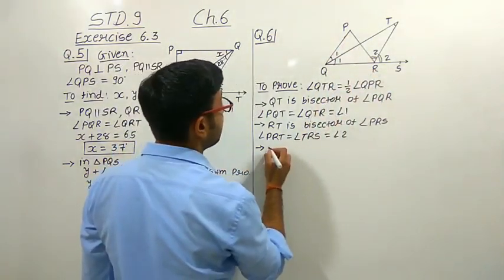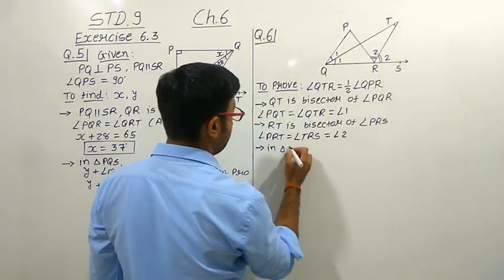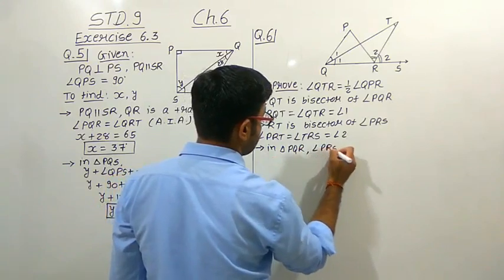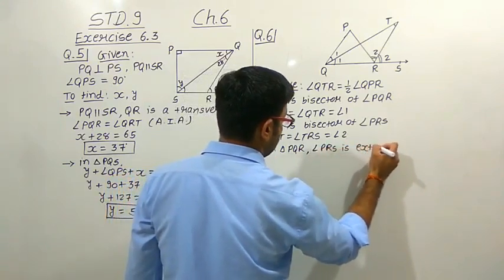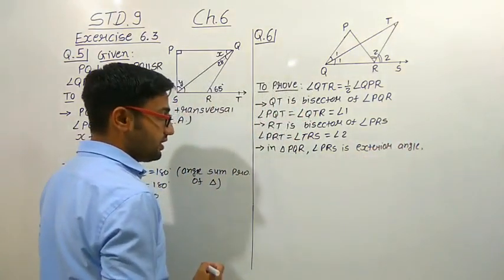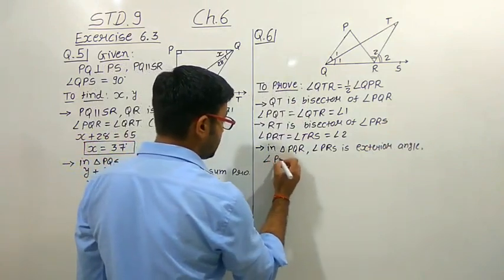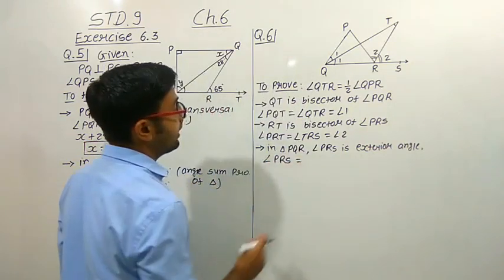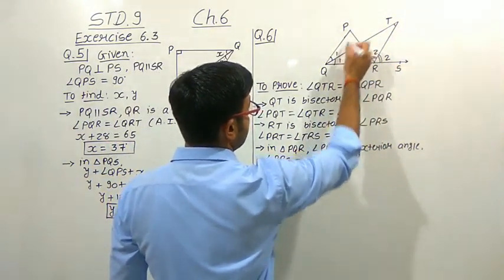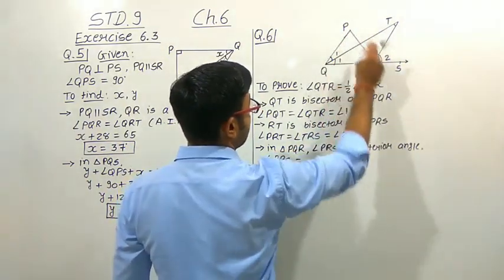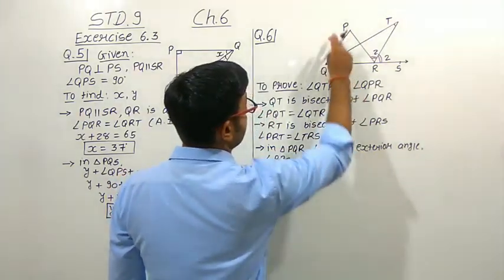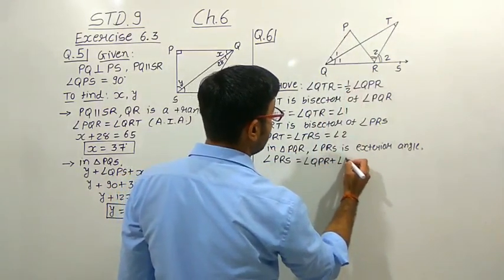So here we can write that in triangle PQR, angle PRS is the exterior angle, so according to the exterior angle property, angle PRS is the addition of these two opposite angles. That means angle QPR plus angle PQR.